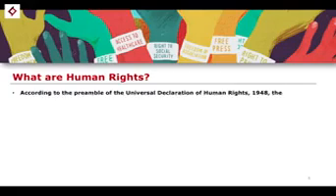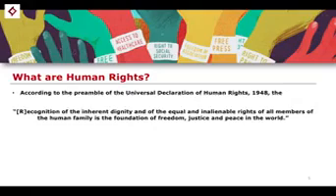So, according to the preamble of the Universal Declaration of Human Rights from 1948, an instrument that we're going to become familiar with quite well over the course of this series of lessons, the recognition of the inherent dignity and of the equal and inalienable rights of all members of the human family is a foundation of freedom, justice, and peace in the world.